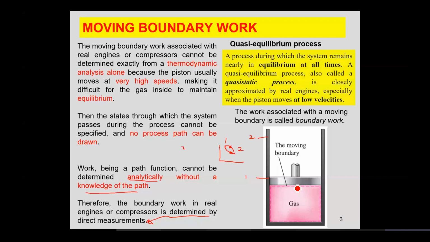This takes place in a quasi-equilibrium or quasi-static process, and real engines approach a quasi-equilibrium process at low velocities. So at low velocities, you can use the thermodynamic relationships to assess the work done during the movement of the piston or the moving boundary.